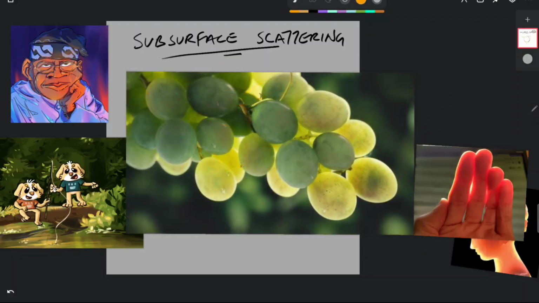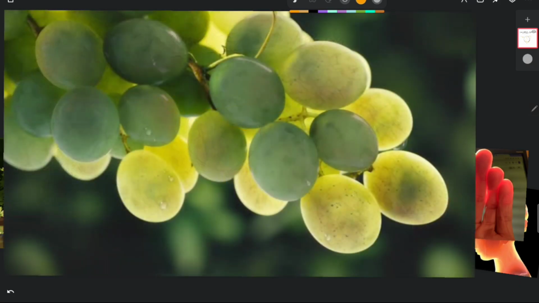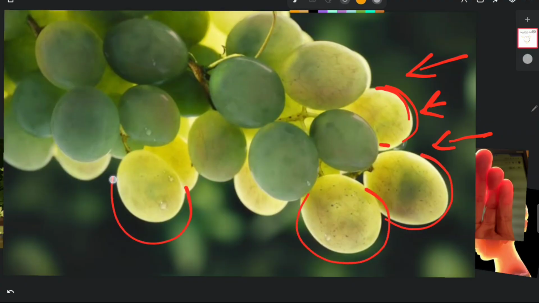You can see the light on this image is coming from this side. The light is coming from this point, and you can see how it's fully inside the grapes, and the grapes are translucent, so it has completely entered into this one, in the direction of the light. You can see these other grapes still maintain their color.